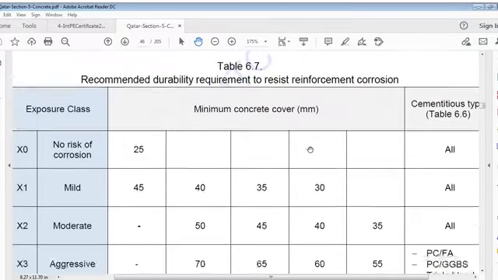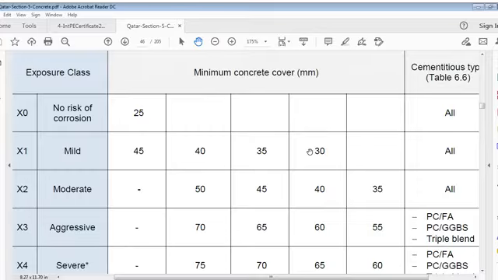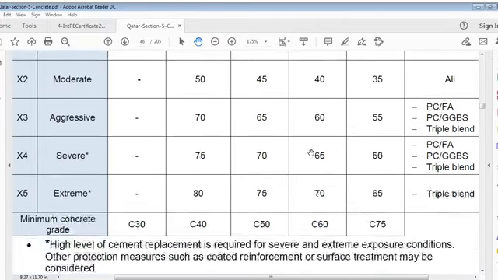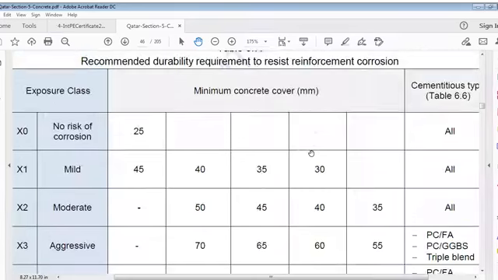This is table 6.7, recommended durability requirement to resist reinforcement corrosion. Exposure class X0 to X5, and what says where corrosion applies, where it doesn't apply, and minimum concrete cover is given here against cementitious type. In the case of X0, there is no risk of corrosion. So cover is 25.